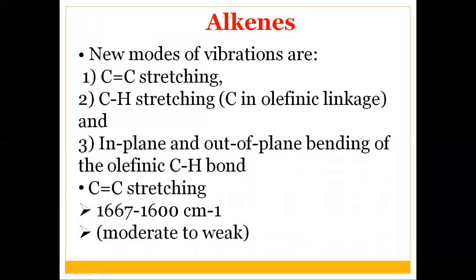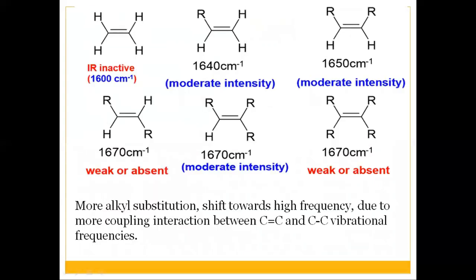So if you consider carbon-carbon double bond stretching, it will be seen between 1600 to 1667 per centimeter, which will be a moderate to weak peak. If all the substituents on the carbon-carbon double bond are hydrogen, then it will be IR inactive, because due to its symmetry it will not show any IR absorption.